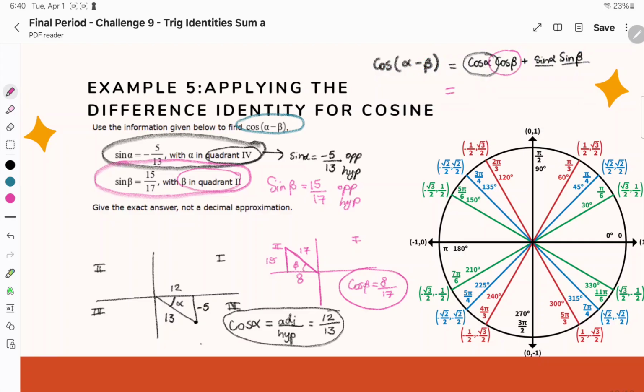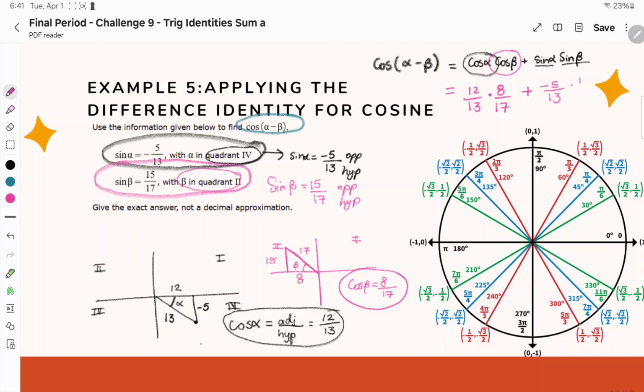So, cosine of alpha, what was it? It was 12 over 13. So 12 over 13, and I'm gonna multiply it by cosine of beta, which is 8 over 17. And I'm gonna add sine of alpha times sine of beta, but sine of alpha is minus 5 over 13.